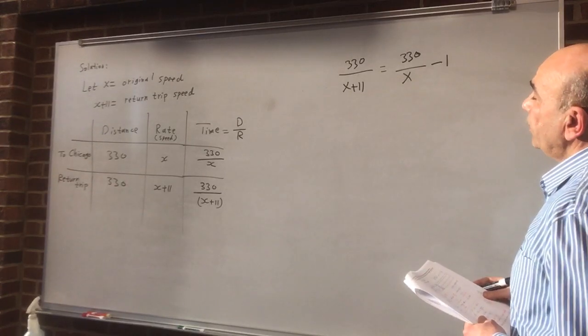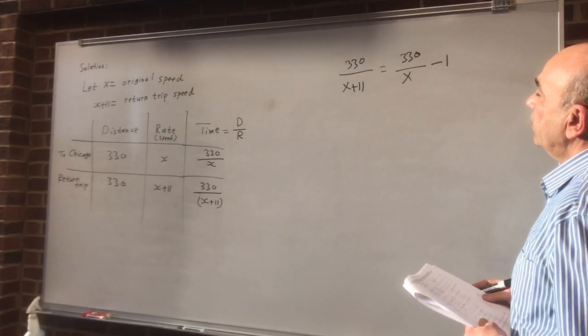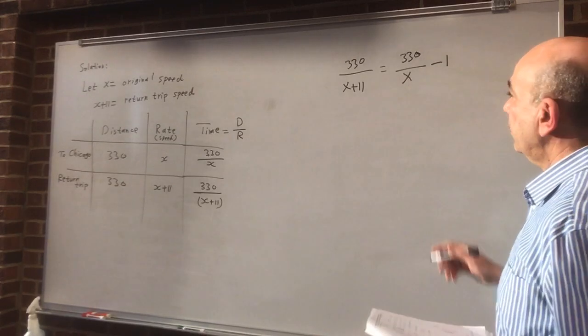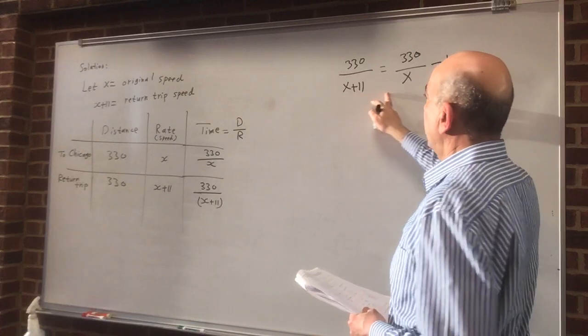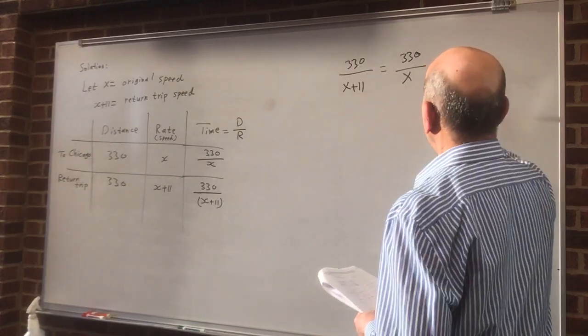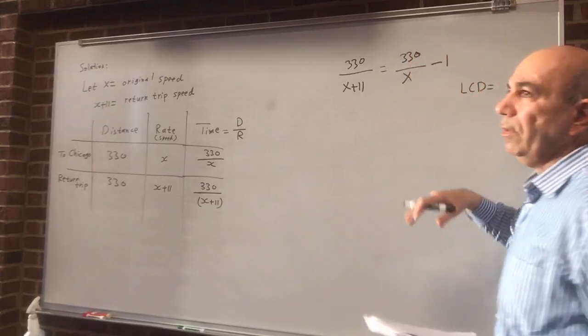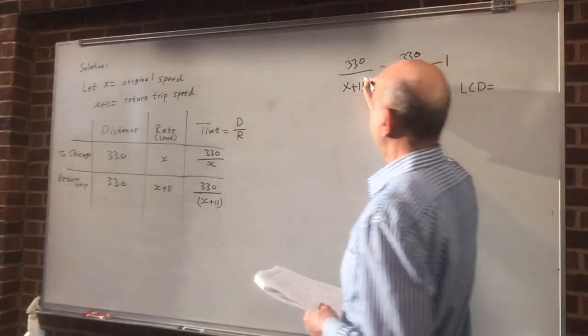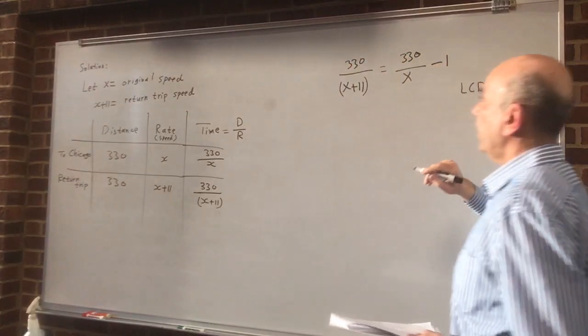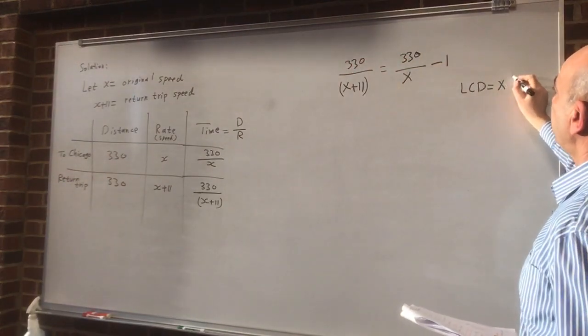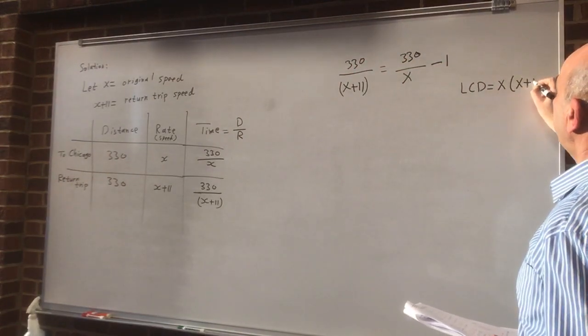Since this equation contains fractions, to clear the fractions, first multiply by the least common denominator. What is the least common denominator? List all different factors. Here we have two different factors, x and x plus 11.